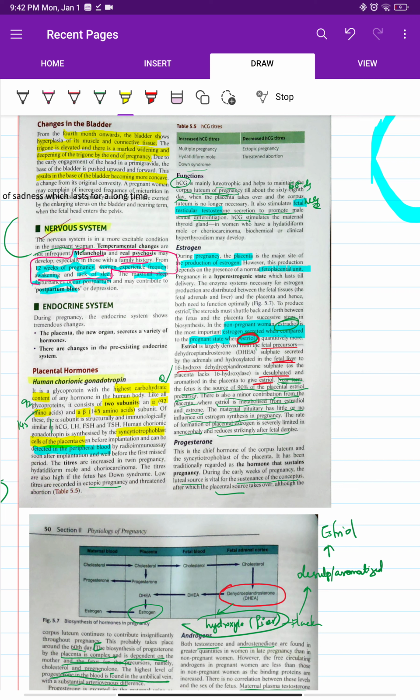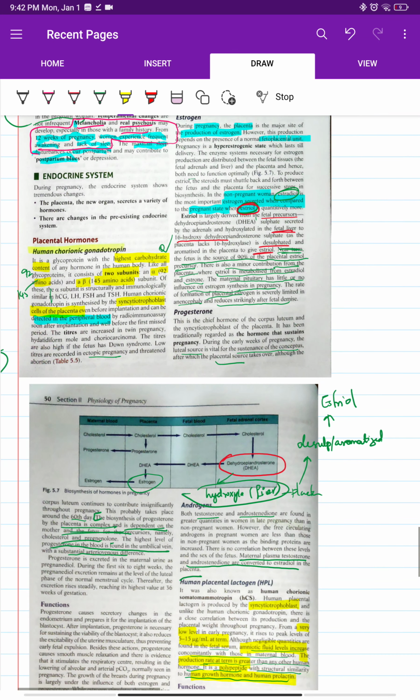First, let's see the two main hormones which are very different, that is human chorionic gonadotropin as well as human chorionic somatomammotropin.